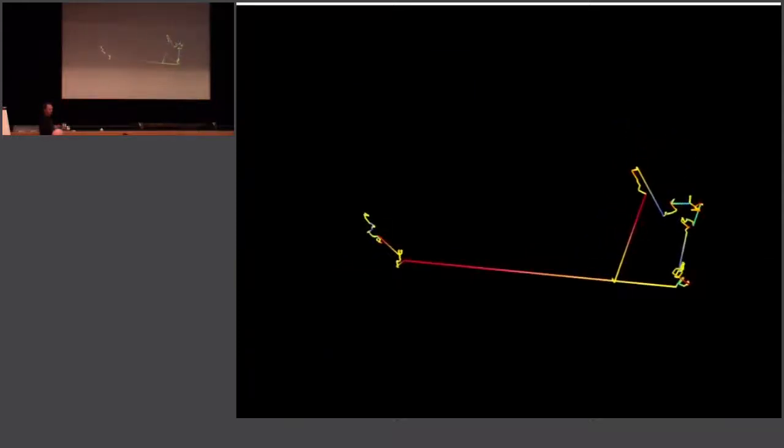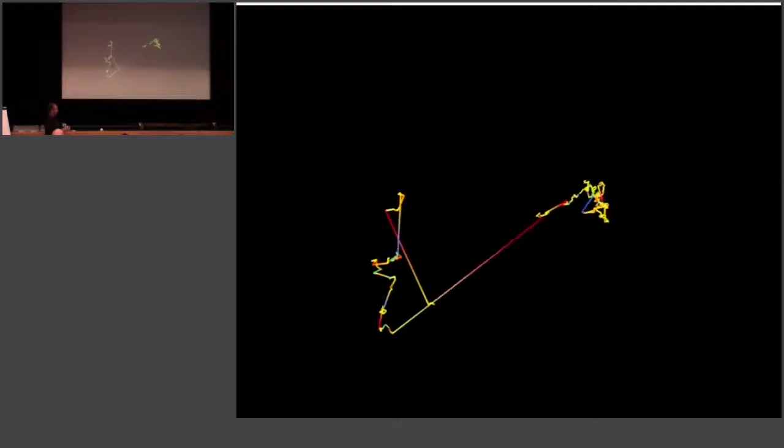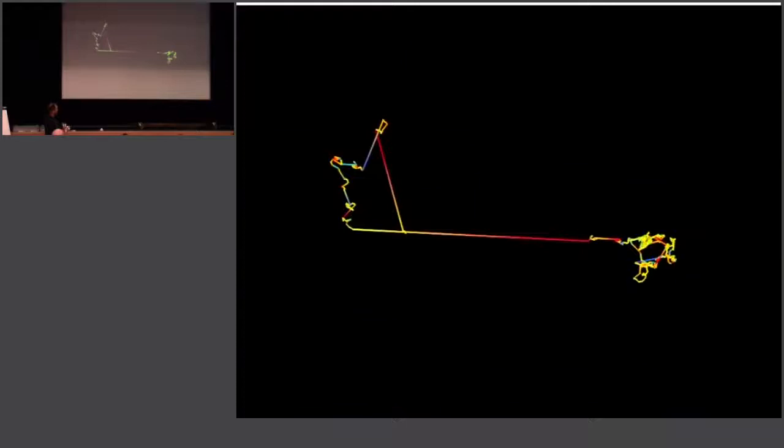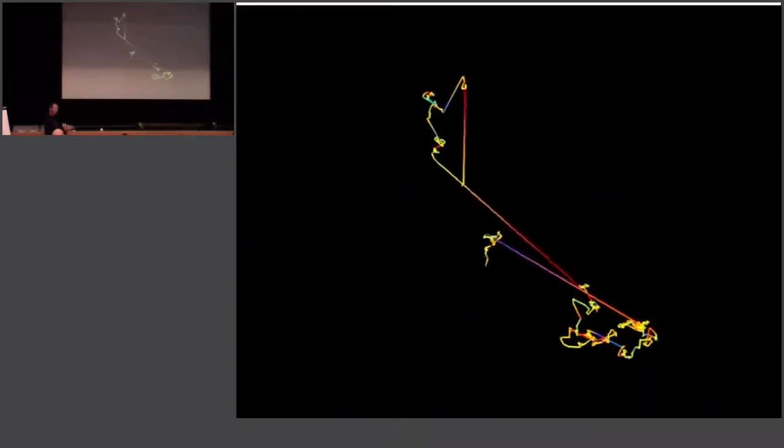But in this case, diffusion is a bit weird because the mean free path is changing. It's a double diffusion process: you're not just diffusing in real space, like in this picture, but also in frequency space.